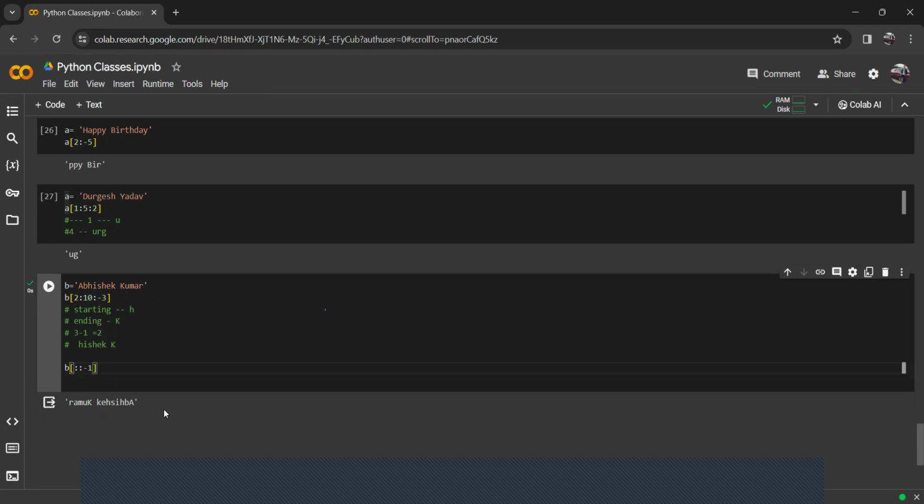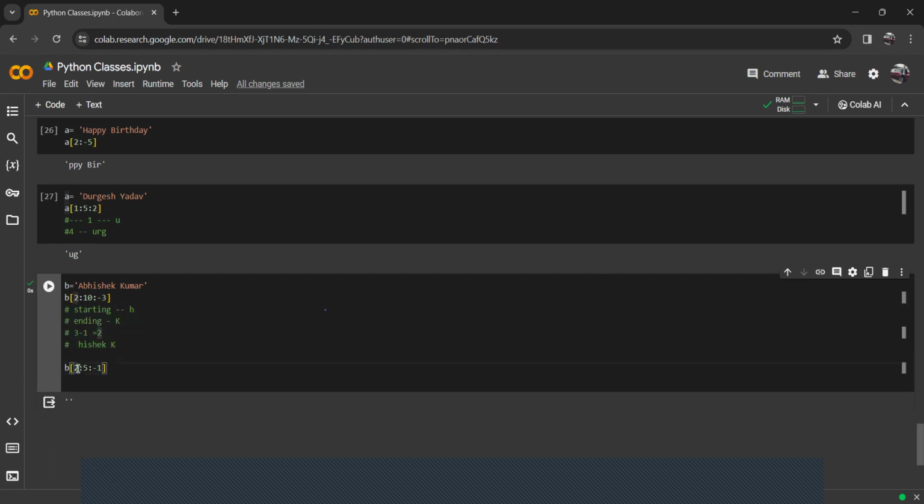But for example, if I have given 2 here and 5 here, then what will be the output? So understand the person who asked me this question. If you write some values for starting and ending, and then you put the skipping part as negative, it will give you nothing, because you are giving the locations of starting and ending, and then you cannot skip in the negative form.